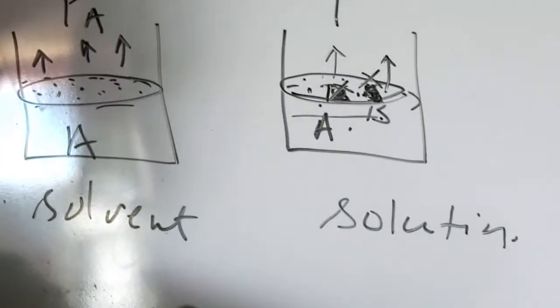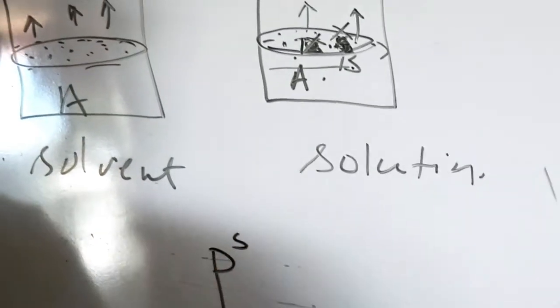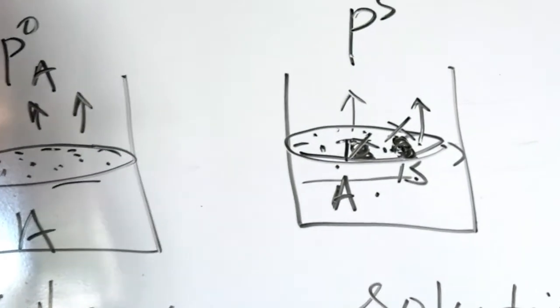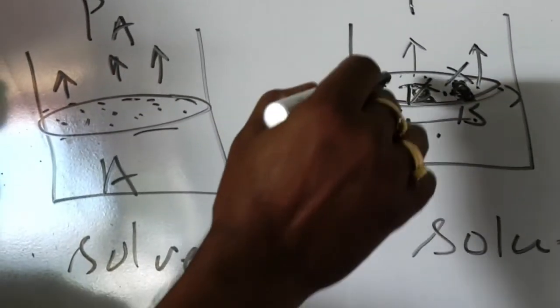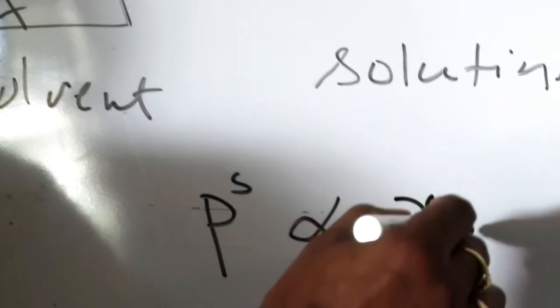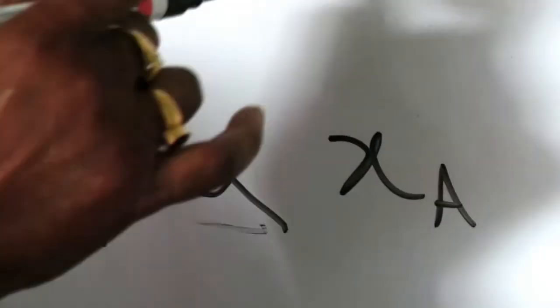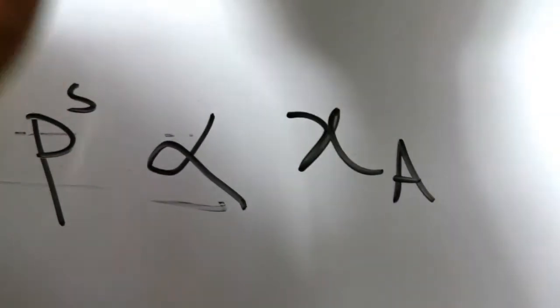So the vapor pressure of the solution containing non-volatile solute is directly proportional to the mole fraction of the solvent. Only the number of moles. For the pure solvent the mole fraction is 1, but here it is less than 1 because a solute is added.